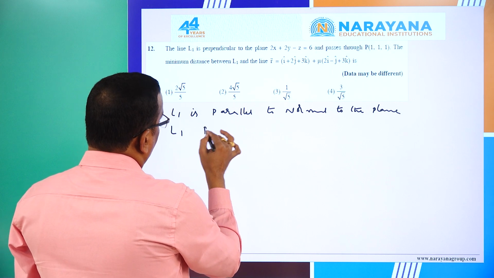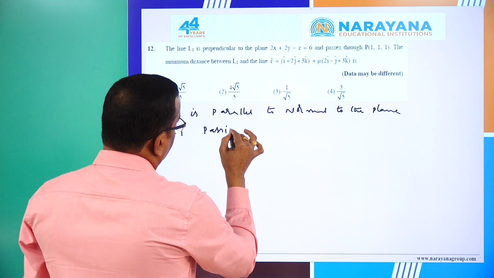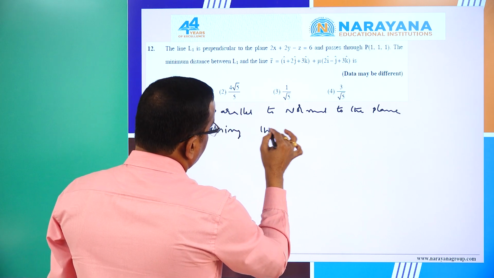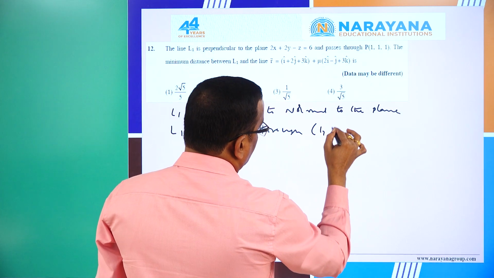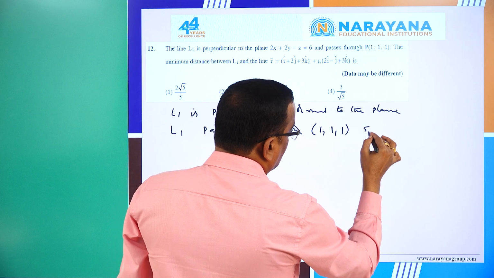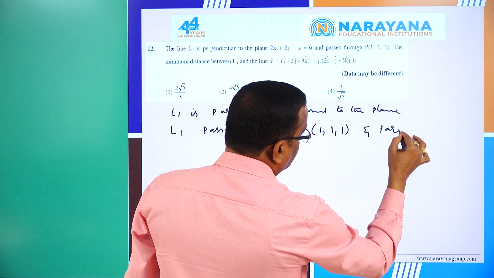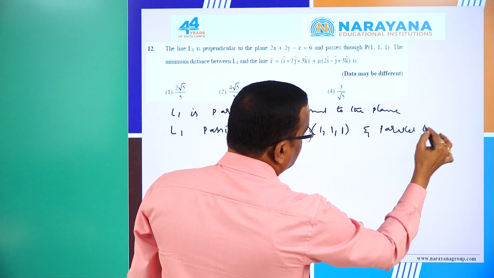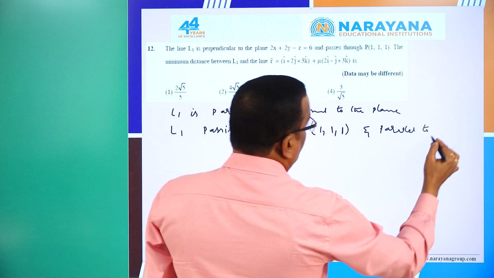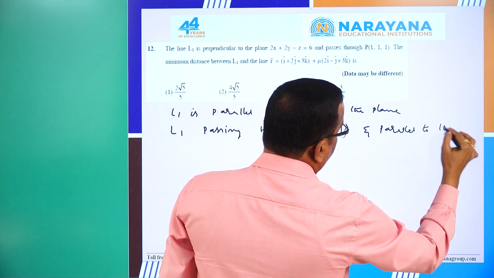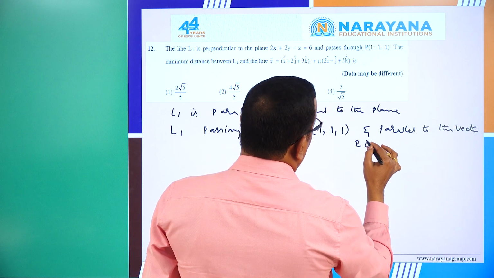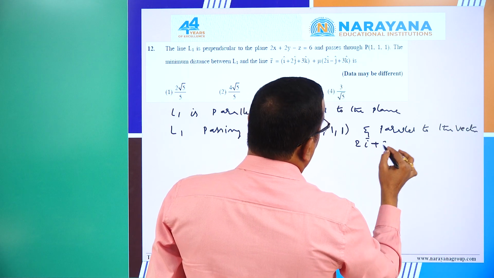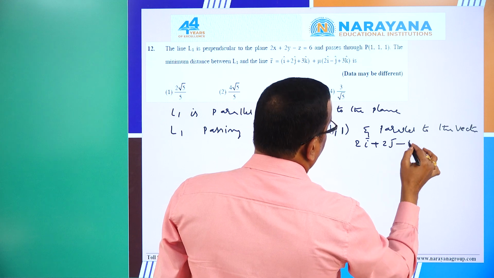So L1 passes through 1, 1, 1 and is parallel to the vector 2i plus 2j minus k.